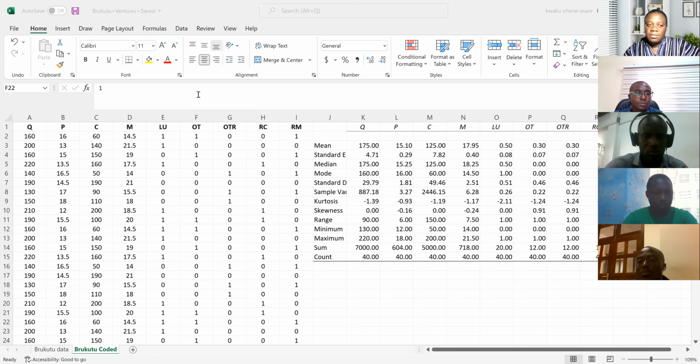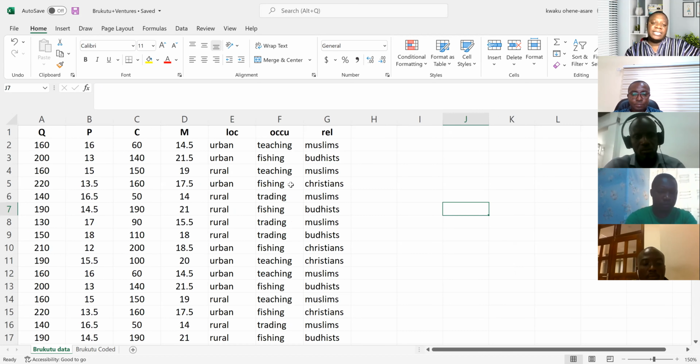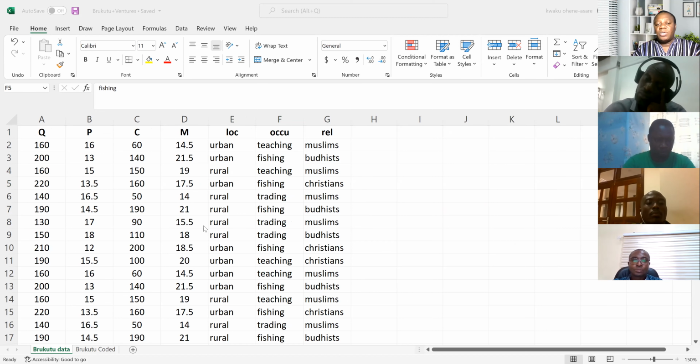It says Brukutu data. Good. So that's the one we are going to select. You can see that that one does not only have numbers, it also has categorical variables, not coded ones. So we're going to do that.